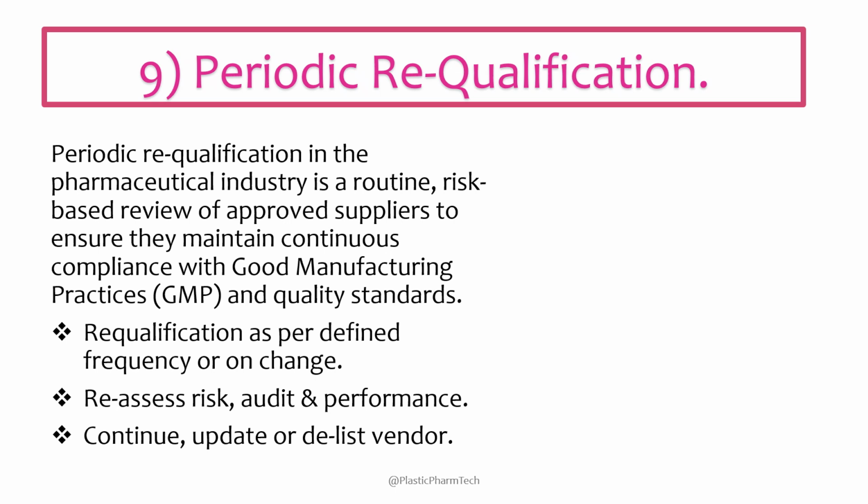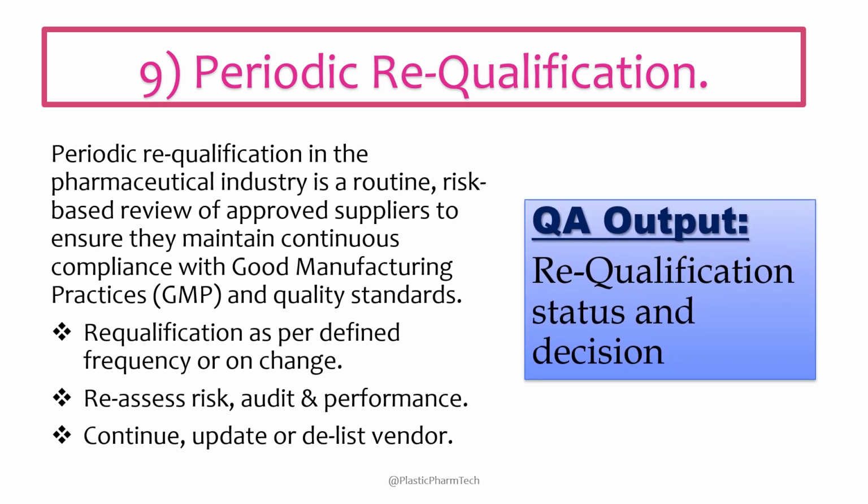Requalification as per defined frequency or on change. Reassess risk, audit, and performance. Continue, update, or delist vendor. Then what is QA output for periodic requalification? Requalification status and decision.